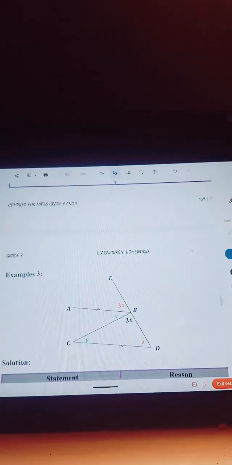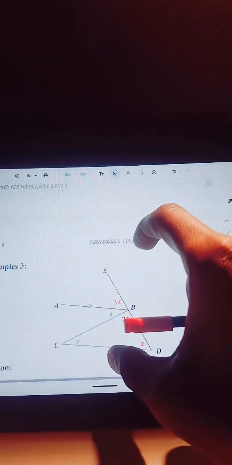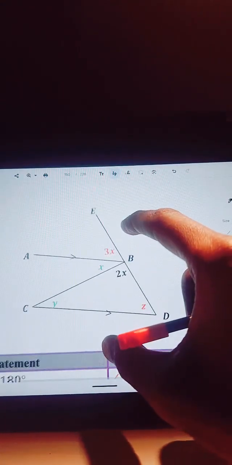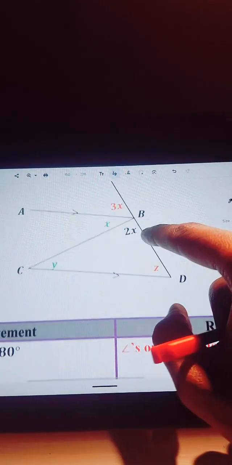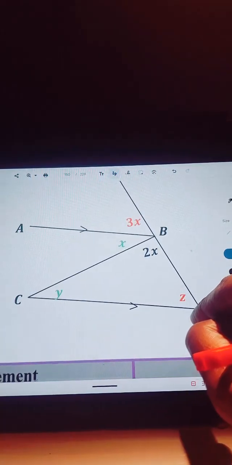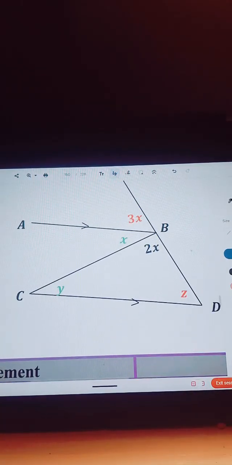Okay, let's look at this guy. Okay, look at that one. We need x, we need y, we need z. Now there's always a letter which is most appropriate to find first.